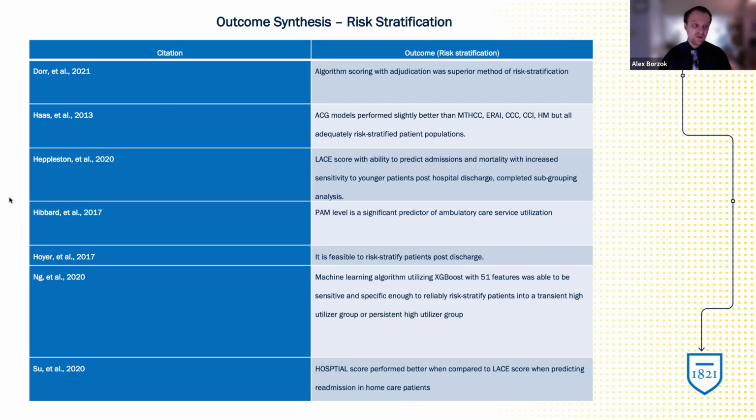Interestingly enough, the literature also said that the combination of risk stratification and provider adjudication was superior compared to just utilizing a risk stratification score on its own or just using provider adjudication on its own. So that's something else to consider as well.